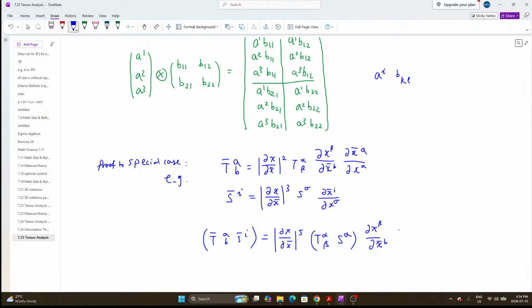Then you have two forward Jacobians, dx bar a over dx alpha, and dx bar I over dx sigma. So that's it.